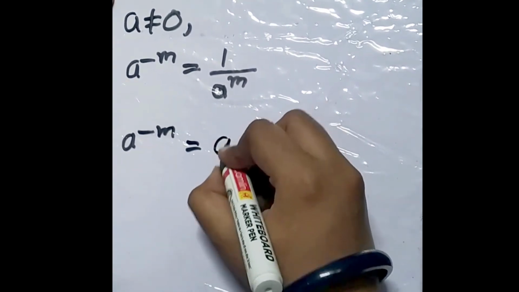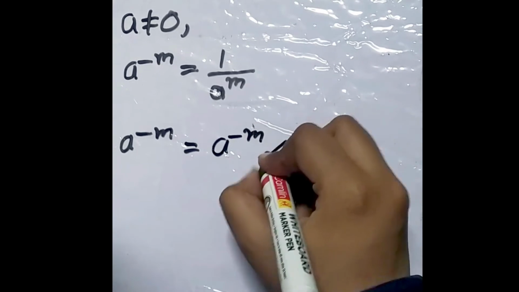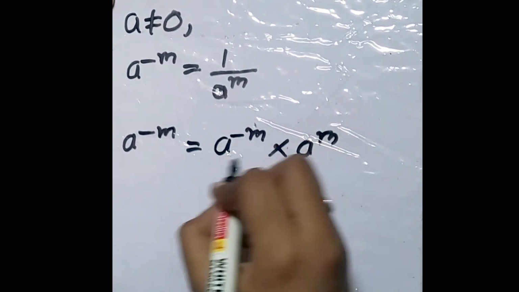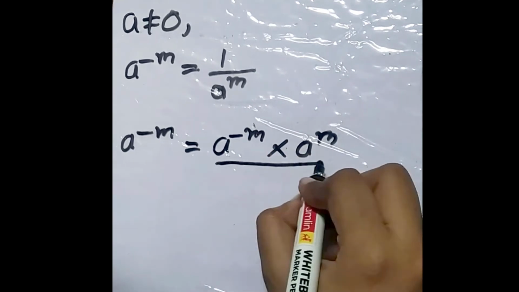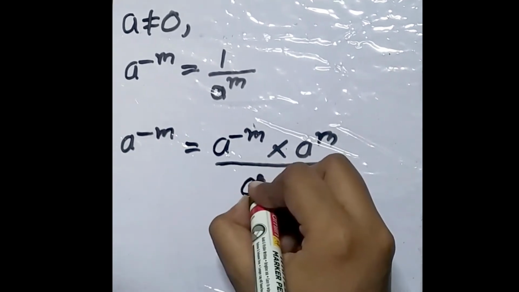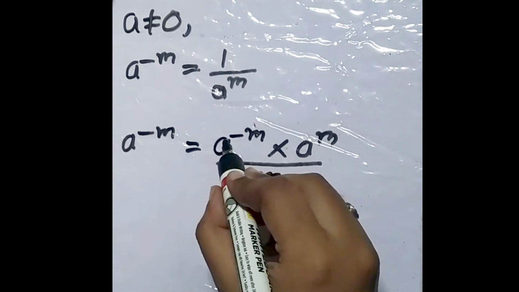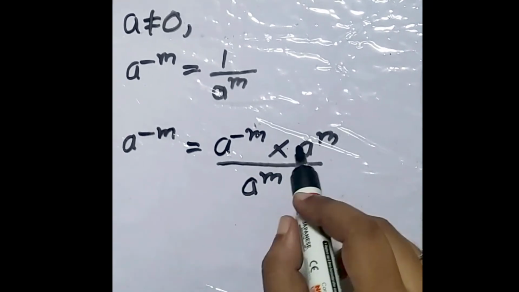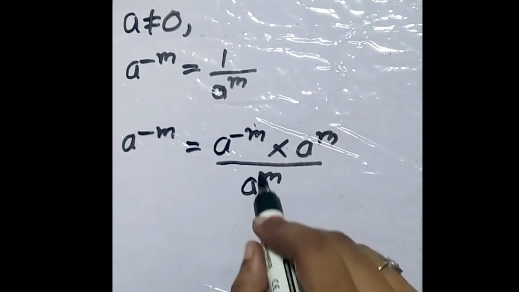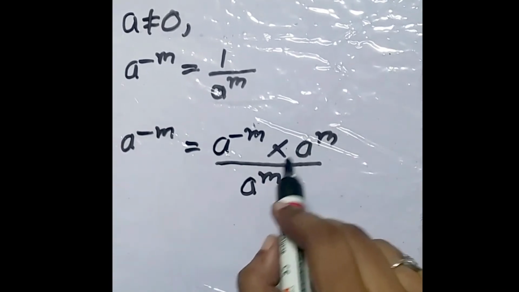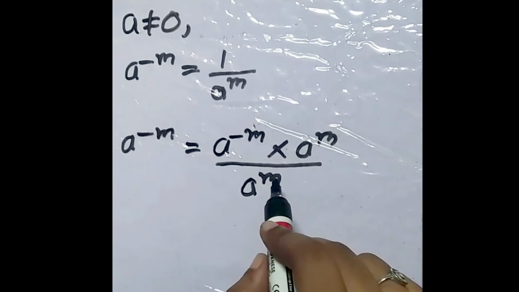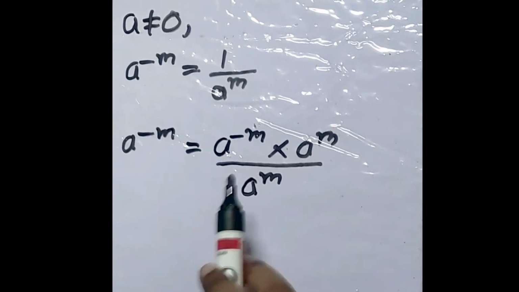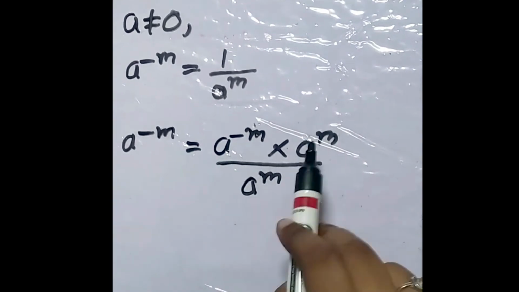So a raised to minus m into a raised to m, the whole upon a raised to m. We have multiplied and divided by a raised to m. Here a is not equal to 0, so this denominator will also not be equal to 0, so we can do this calculation.